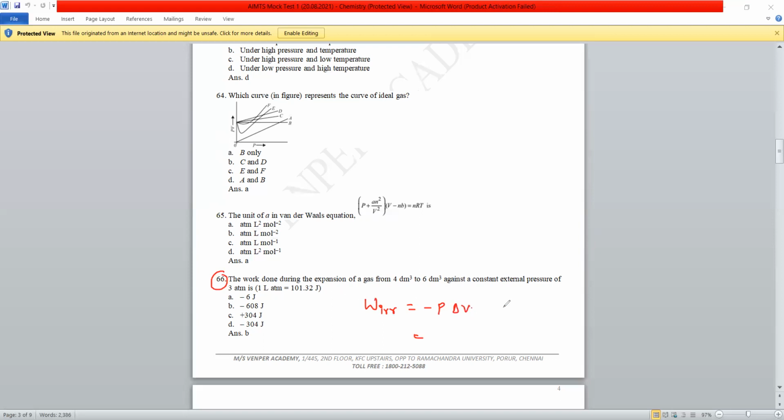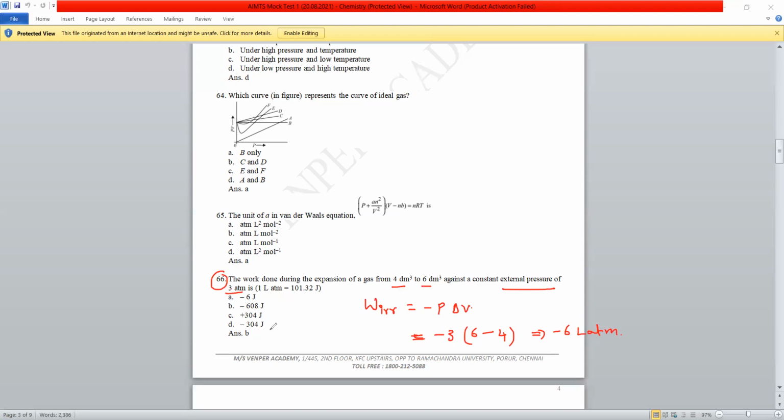The external pressure is 3 atm, so minus 3 into V2 minus V1. Final is 6 liters minus 4 liters, so 2 liters. On simplification we get minus 6 liter atm.